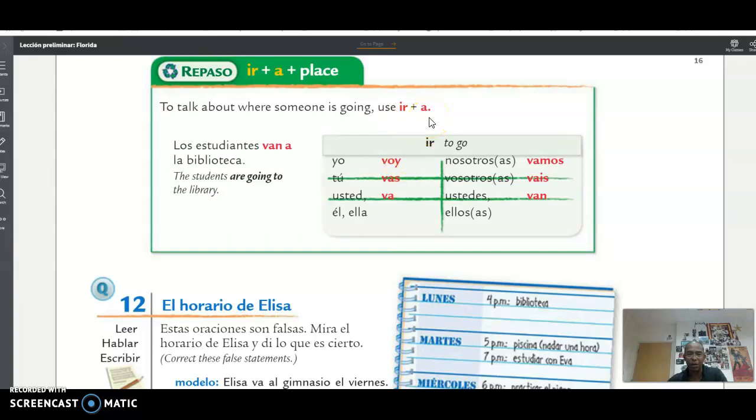Because remember, if you have two verbs in one sentence, the first verb gets conjugated, gets changed. And what happens to the second verb in that sentence? Nothing. It stays the way it was born, in its original form. So that's the only time you will see the verb ir like that, when it's the second verb in a sentence, okay?